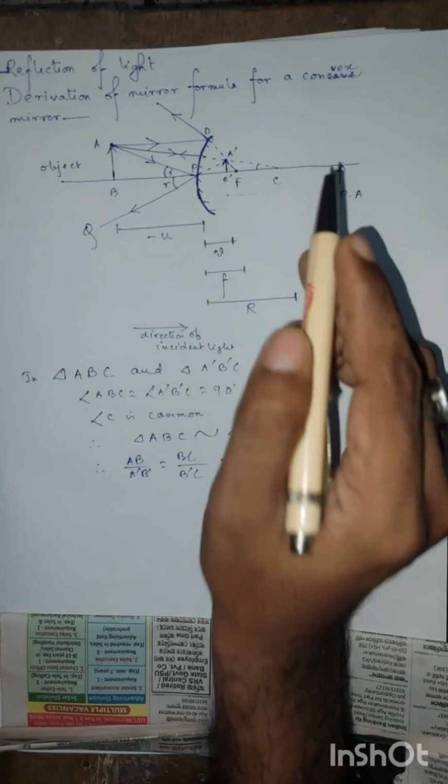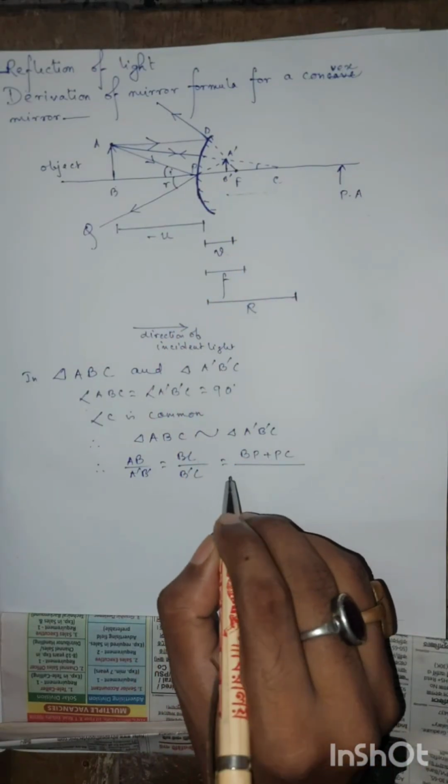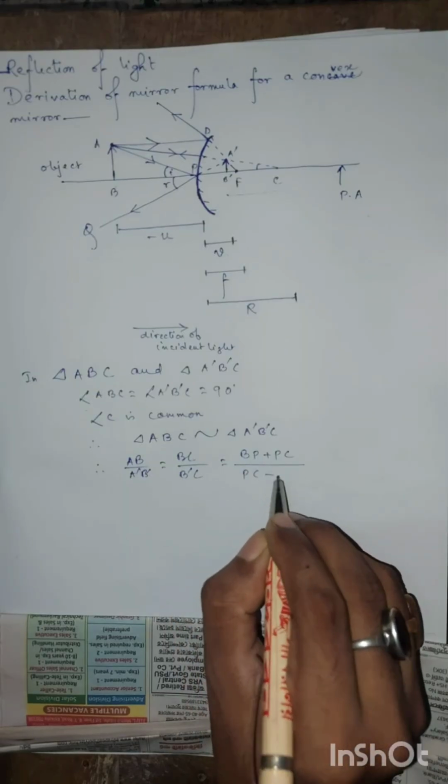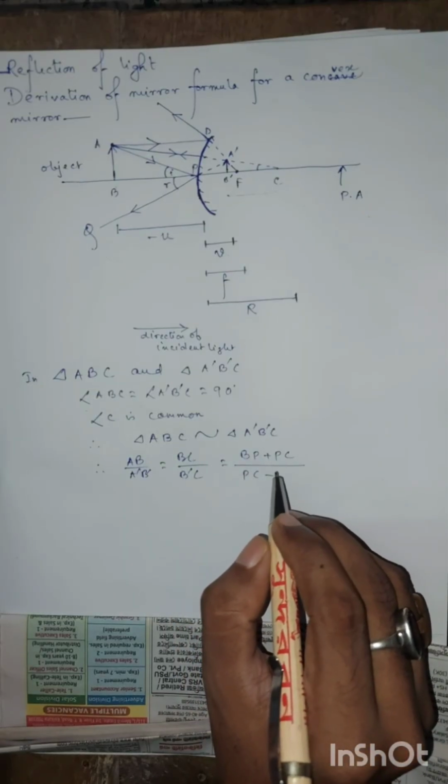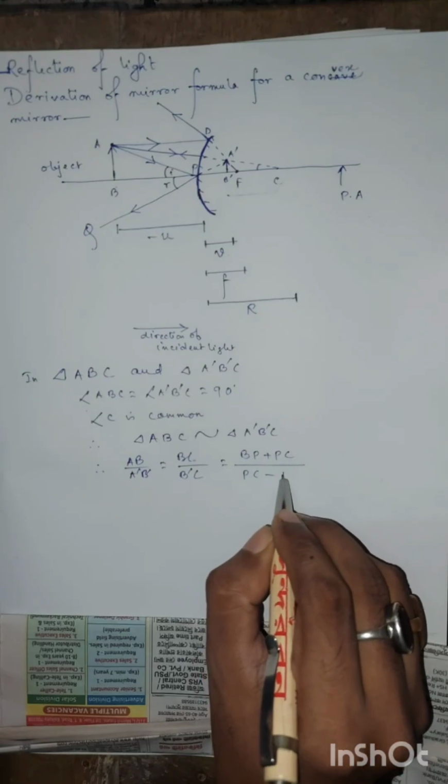This distance can be written as PC minus PB dashed.